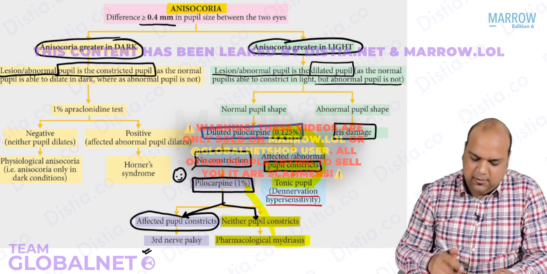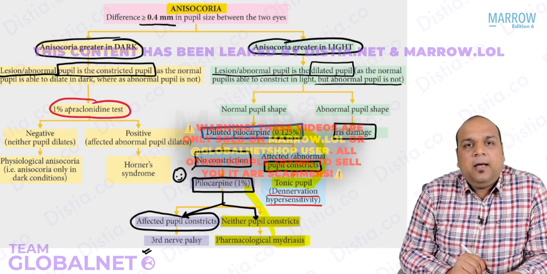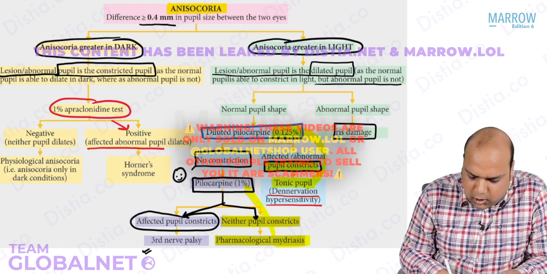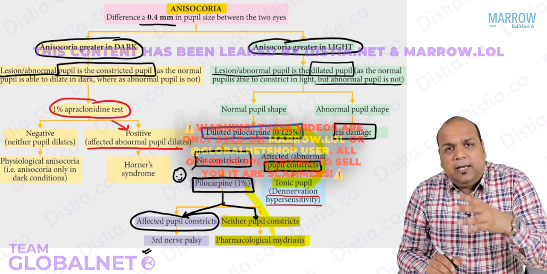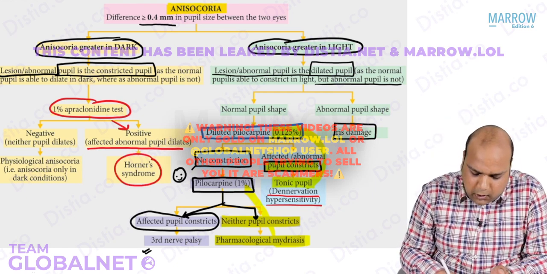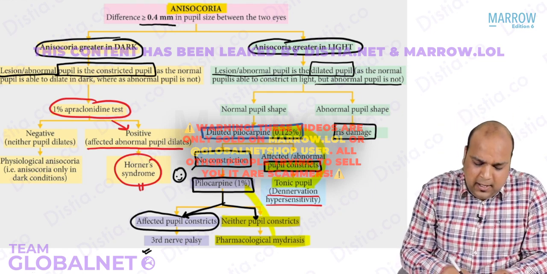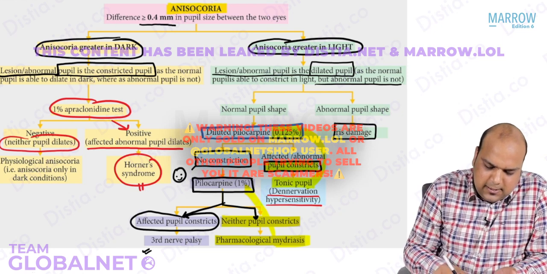Okay, everybody? Now, we do a test which is called the 1% apraclonidine test. If on putting apraclonidine, the affected abnormal pupil dilates, everybody, the pupil which was not able to dilate, if it is able to dilate, we call it a case of Horner syndrome. As simple as that. Horner syndrome we have already studied. If it still does not dilate, everybody, that means there is no disease.